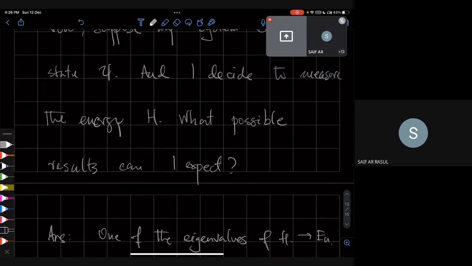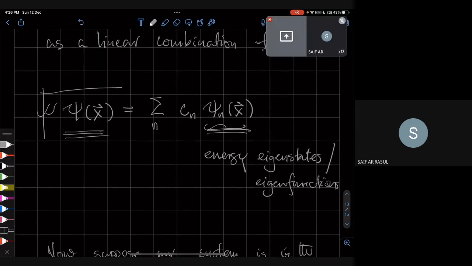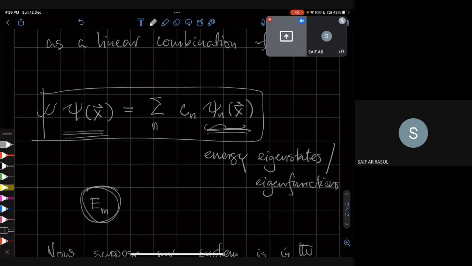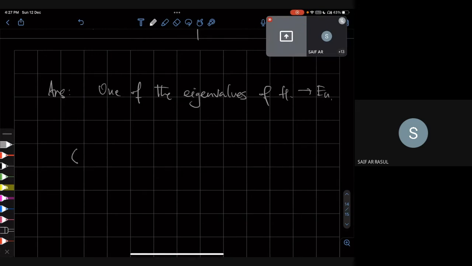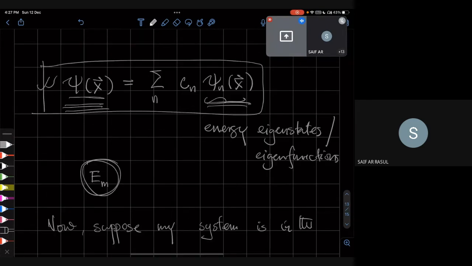Now, if this is the state, suppose I get the answer En. What would be the probability that our answer will be En? Well, according to quantum mechanics, that probability is given by the projection of this function along the psi m axis, and then its square.